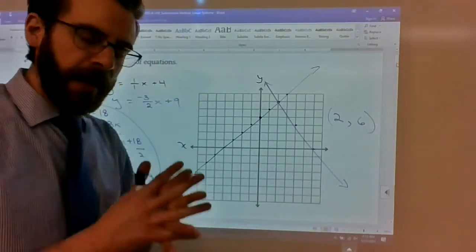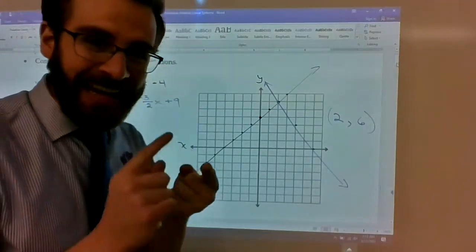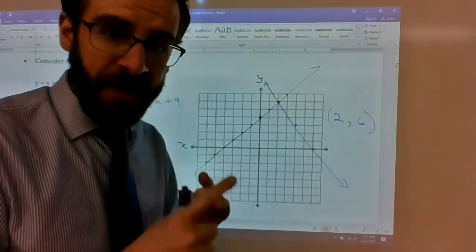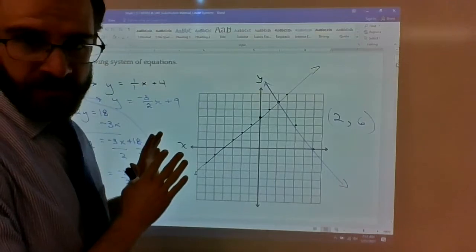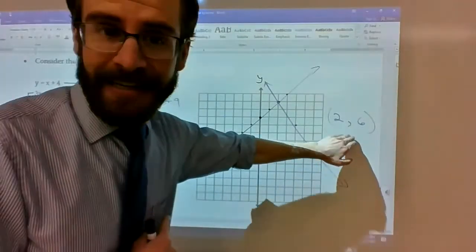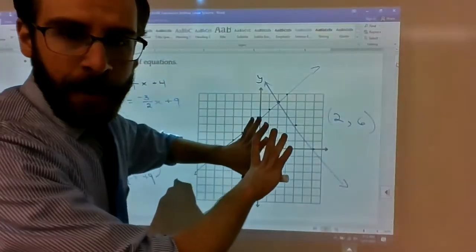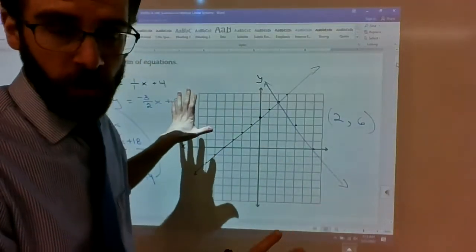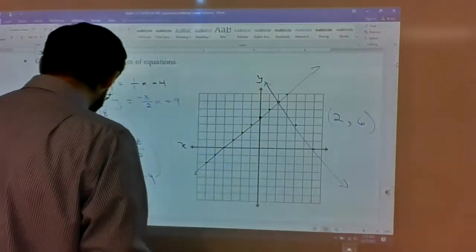Now, what I'm going to introduce to you today is a non-graphing method for solving a system of equations. I'm going to get this as my answer at the end, but I'm going to use absolutely no graphing at all. And here's what it looks like.